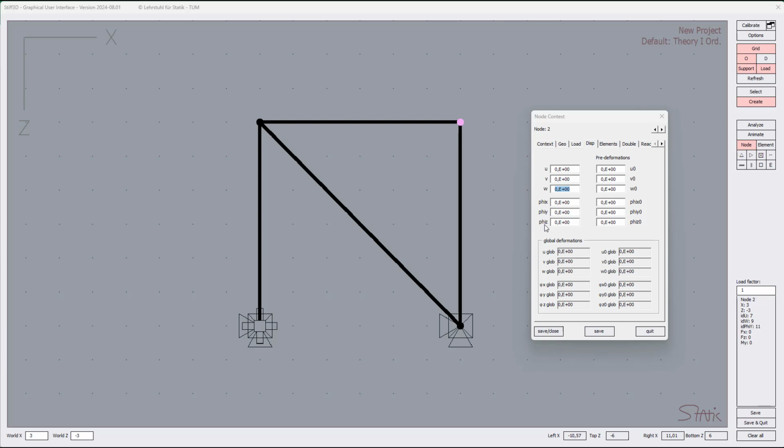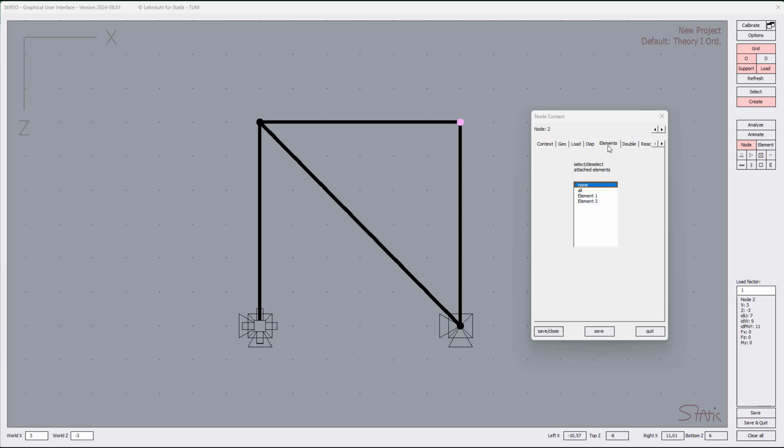And these will be the rotations around the x, y, and z direction, either globally as now, or, if a local coordinate system is indicated, along the local definitions. Eventually, if you think of pre-stress by pre-deformation, you can give in here this pre-stress, these pre-deformations, as is the case in your problem at hand.